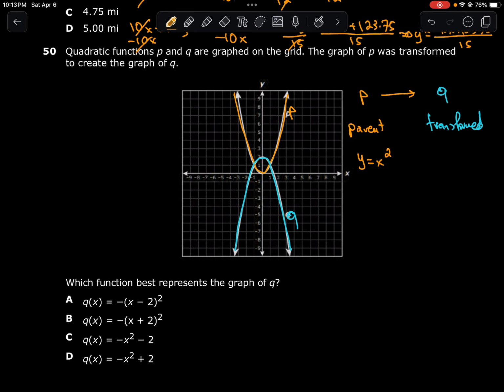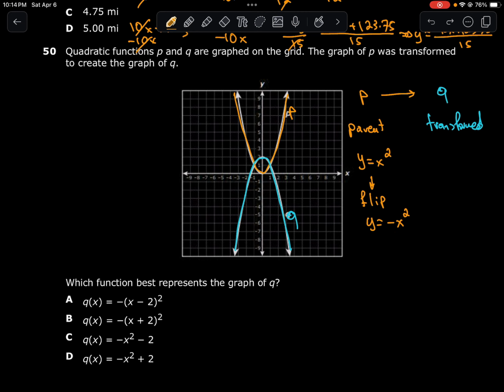But usually they're going to give me the simplest version, which is first flip, then shift. So this is how I'm going to do it. First I'm going to flip. And if I flip, that's like putting a negative in front of it. Don't put it in a parenthesis with the x, because that's going to flip left, right.